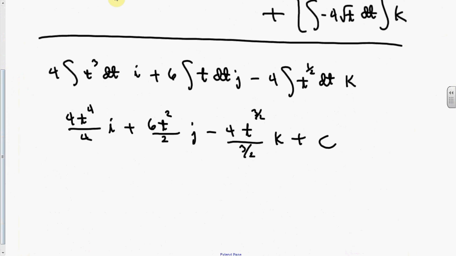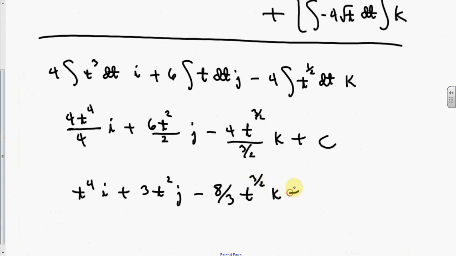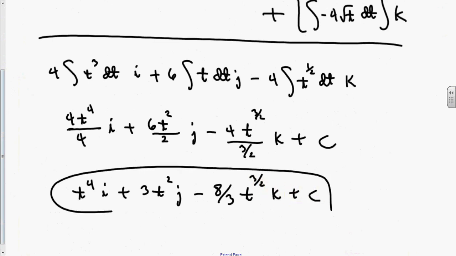Well, that's a 4 there. So this is just t to the 4th i plus 3t squared j minus 8/3 t to the 3/2 k plus your constant c.